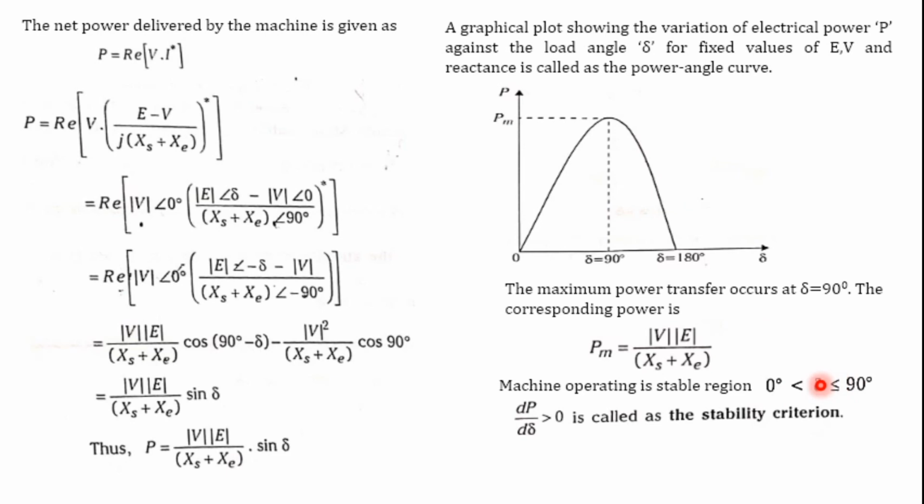This term, dP by d delta, is called the synchronizing power coefficient or machine stiffness. The condition dP by d delta greater than 0 is called the stability criterion. The steady state stability limit is reached when dP by d delta is equal to 0, and if dP by d delta is less than 0, then the system is said to be unstable.